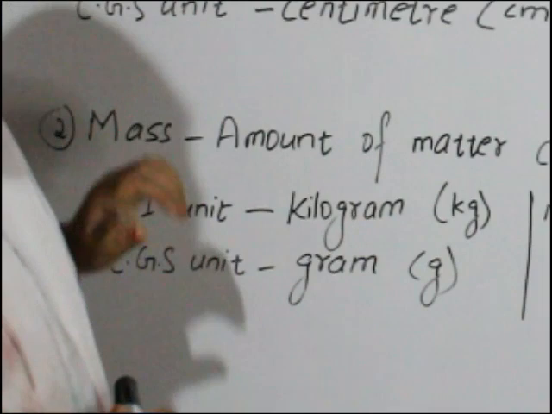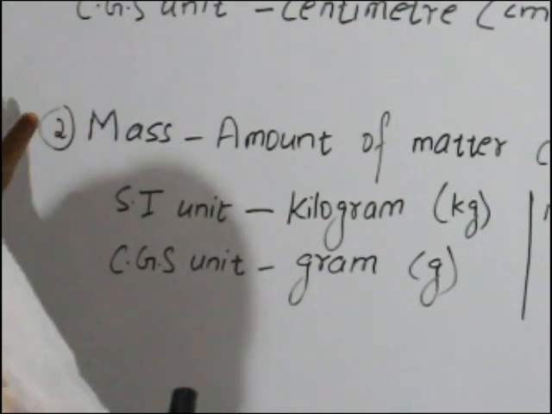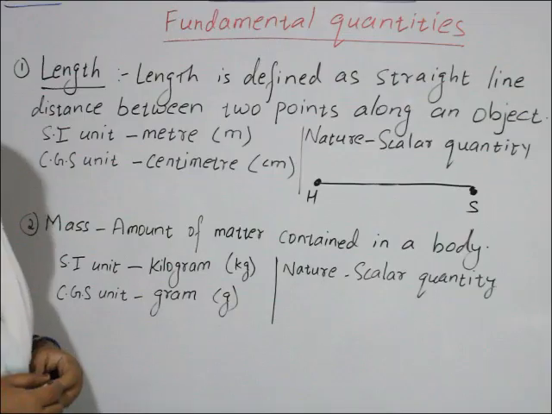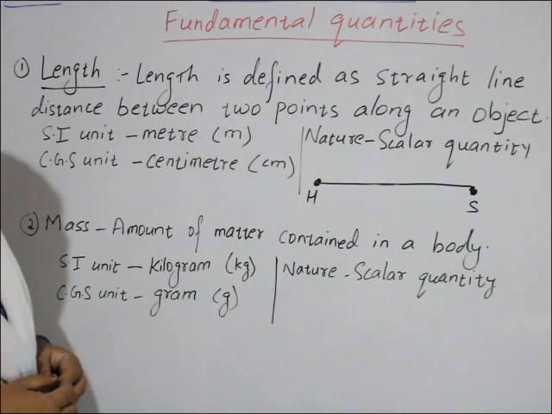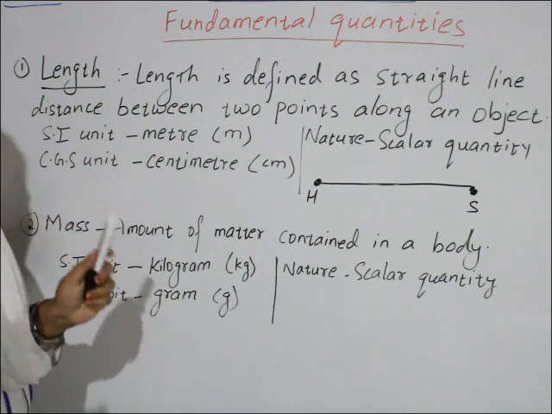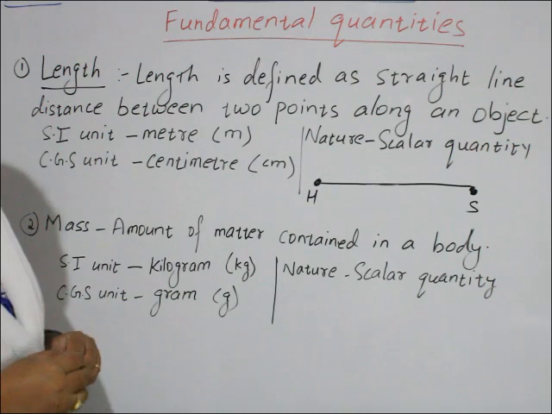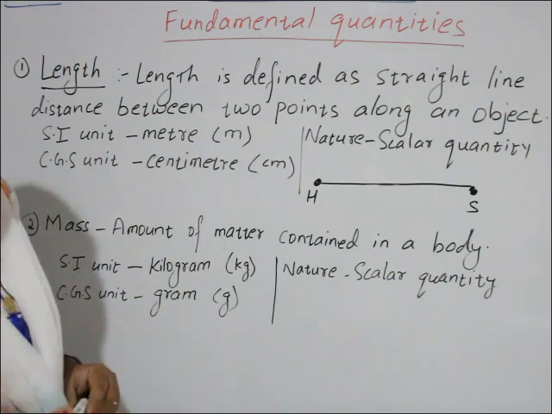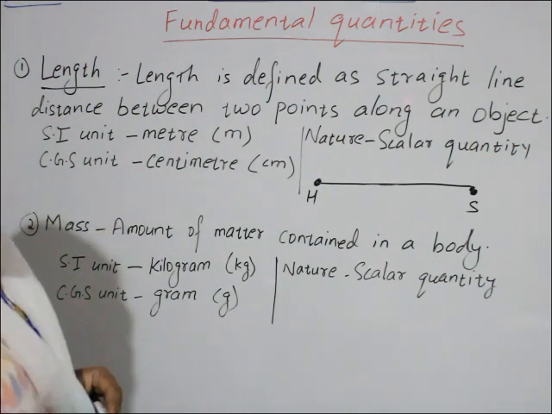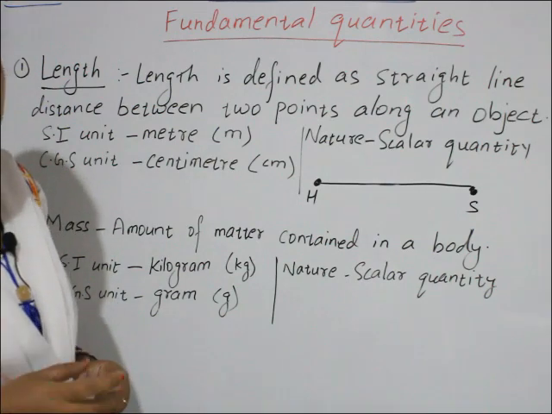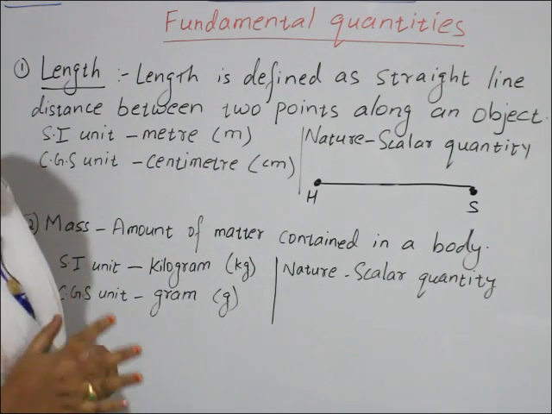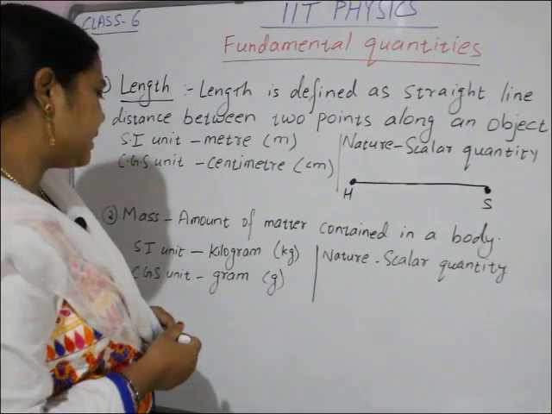Next quantity is mass. What is mass? Mass is the amount of matter contained in a body. Everything in the world contains some matter and occupies some space, so everything in this world has some mass. Mass is the amount of matter contained in a body.